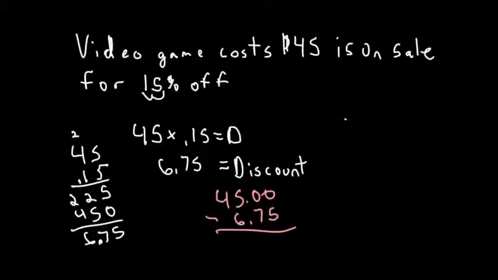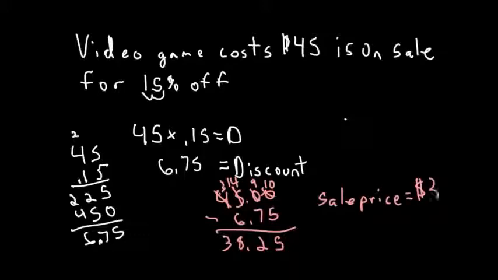So I got to borrow, and 10 minus 5 is 5, 9 minus 7 is 2, 14 minus 6 is 8, and then bring the 3 down. So $38.25, so my sale price for that game equals $38.25.